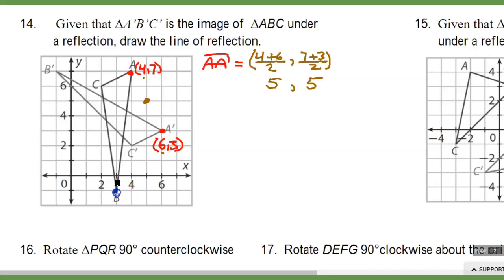Let's do it with B and B prime. So the midpoint of B and B prime. B looks like it's 3, negative 1. B prime looks like it is negative 1, 7. So let's find the midpoint of the x's, so 3 and negative 1.